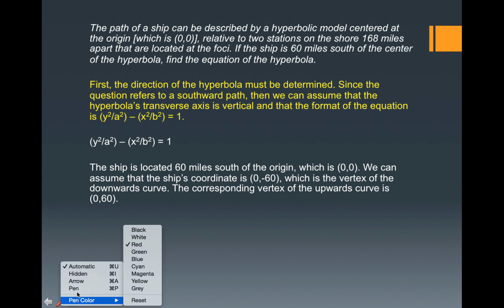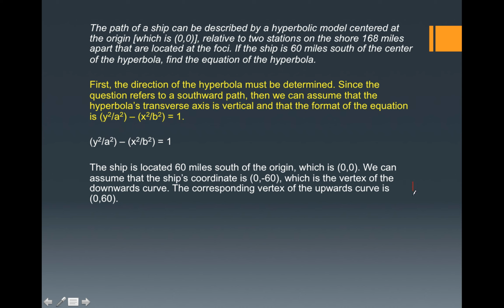So if I can draw that very quickly, this is the upwards curve, this is the downwards curve. This is where the ship is actually located at the vertex of this curve, but the corresponding vertex is here.